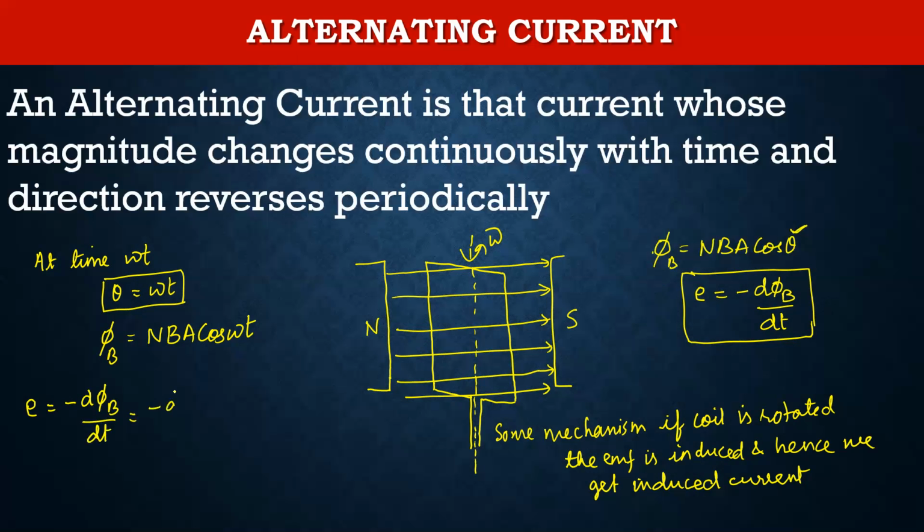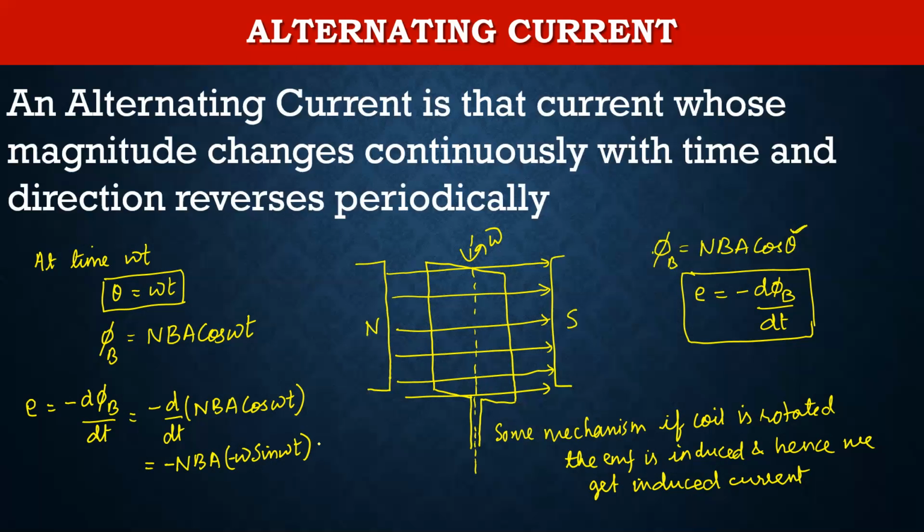So what I am going to do is minus of d by dt of NBA cos omega t. So it will be NBA, and the differentiation gives omega sine omega t, and we get a negative sign because the differentiation of cos omega t is minus omega sine omega t.